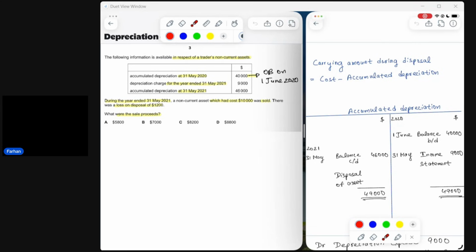Therefore, the balance given at 31 May 2020 can become the opening balance in the new financial year starting 1 June 2020. So the best way to solve this question would be to prepare the ledger account for accumulated depreciation.